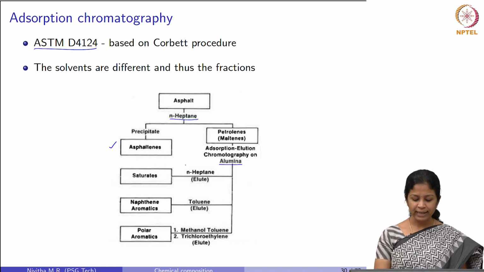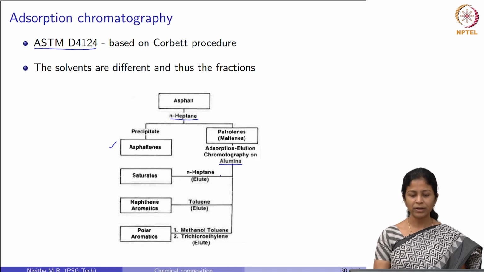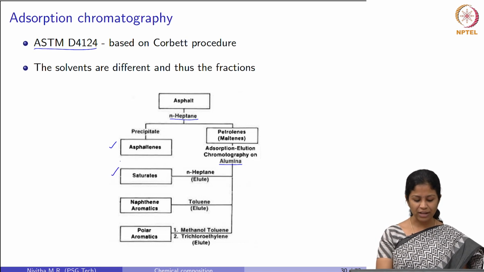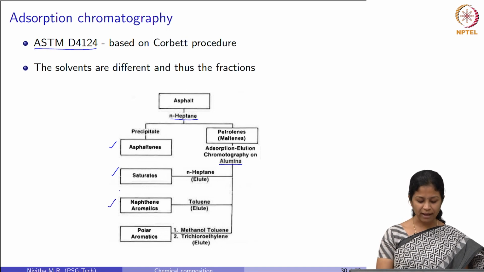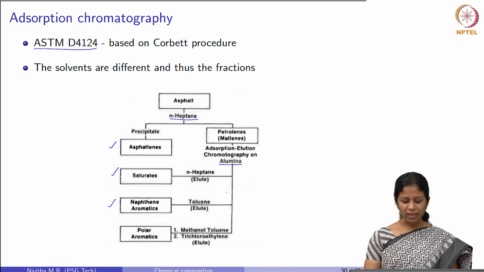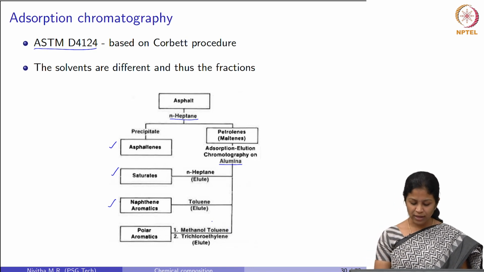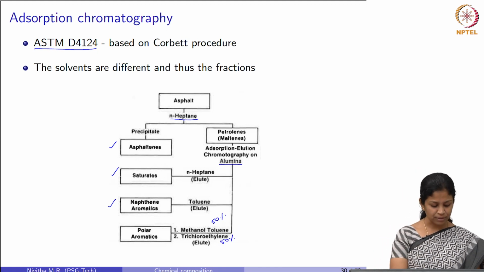In the first cut N-heptane is used as a solvent and whatever we get initially is saturates, then toluene is used as a solvent and whatever we get is naphthene aromatics. Finally, methanol, toluene and trichloroethylene is used as a solvent, specified as 50% toluene and 50% trichloroethylene along with methanol.